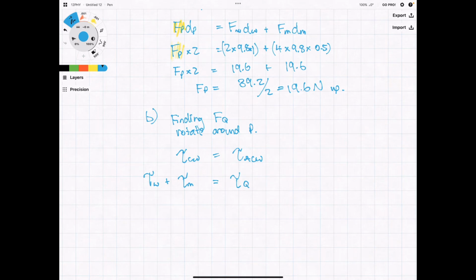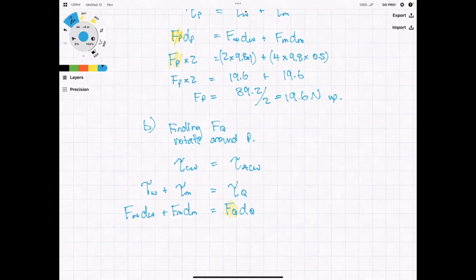Okay, similar process, expand out. Fw dw plus Fm dm equals Fq dq. All right, realizing again that the thing we're trying to find is this one here, FQ.